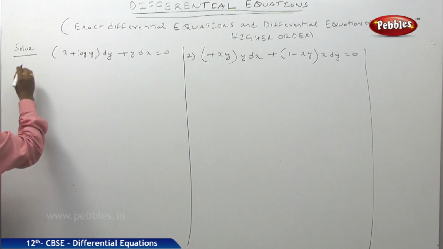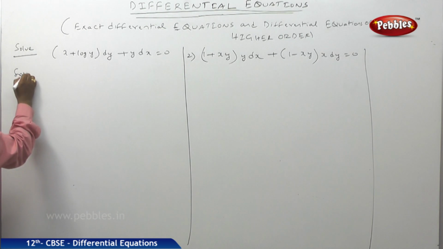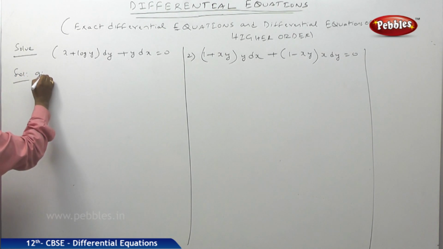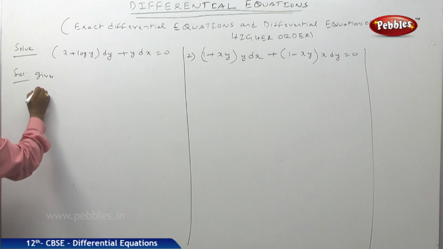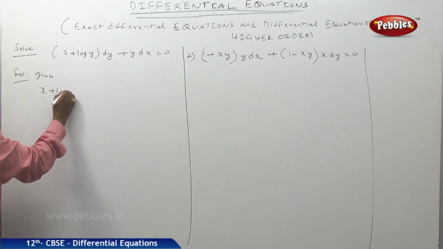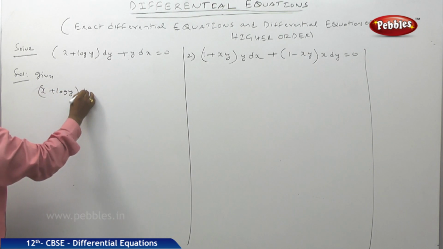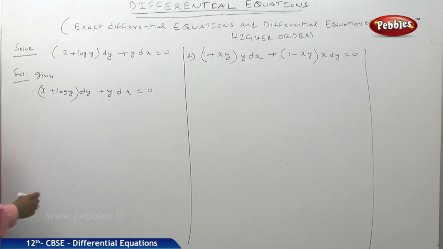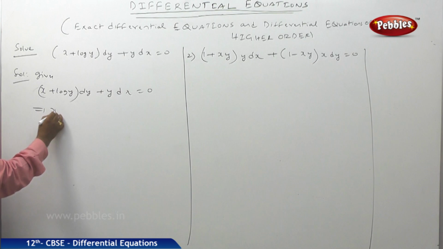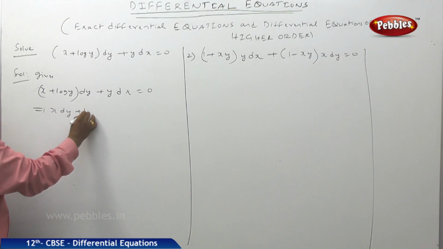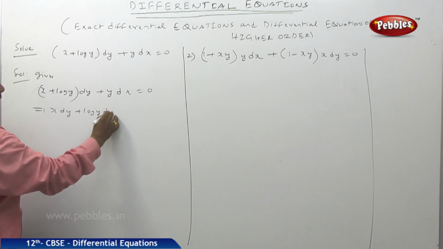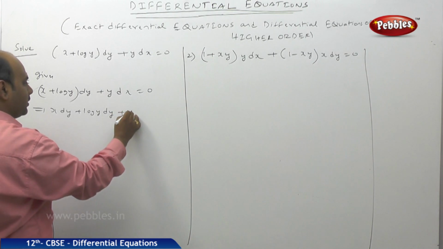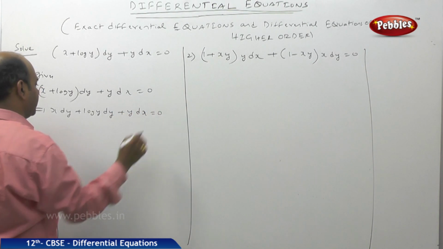Right. So this is the solution. What is our given differential equation? Given (x plus log y) dy plus y dx equal to 0. So this I can write like this: x dy plus log y dy plus y dx equal to 0.